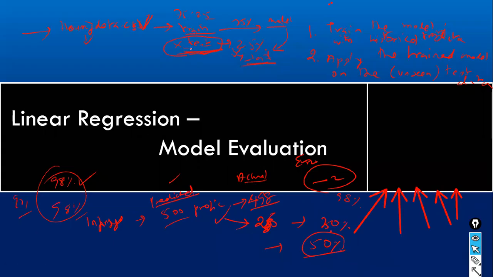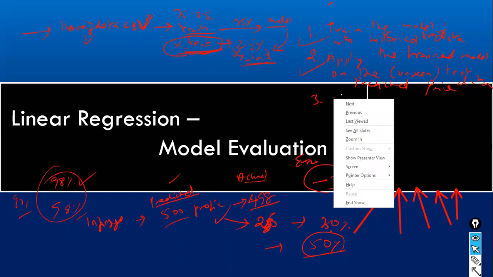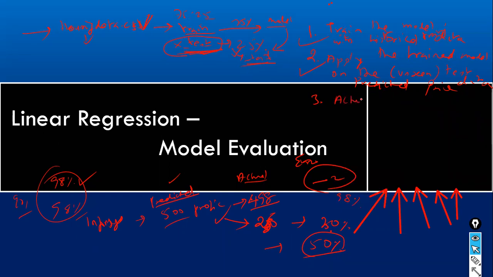So we are using the metrics to measure the model performance. Once you train the model, apply the trained model on the unseen data to get the predicted price. Then you compare the predicted price with the actual price, and that is where you do root mean squared error.